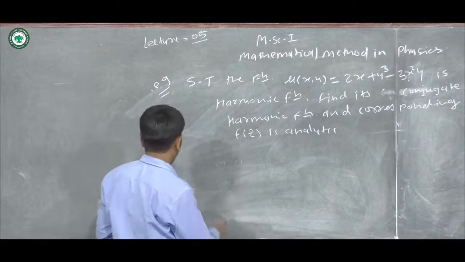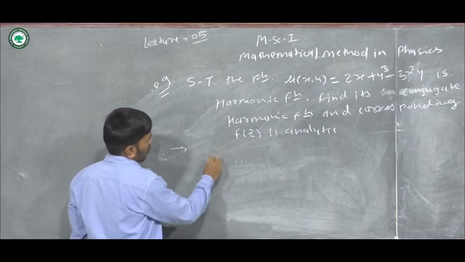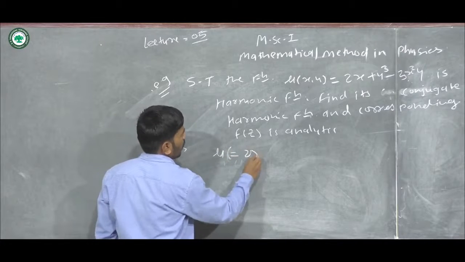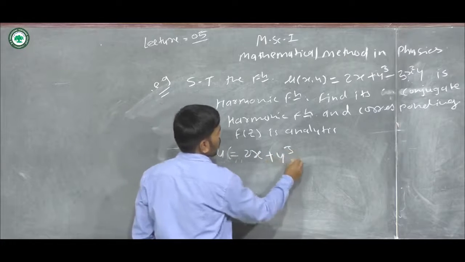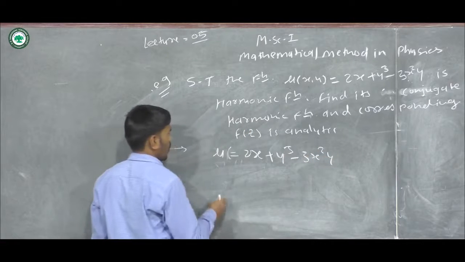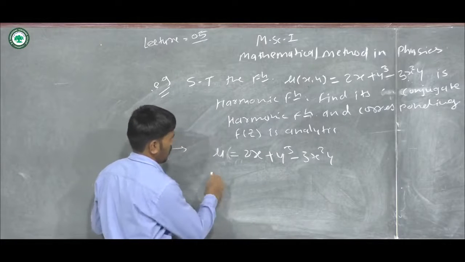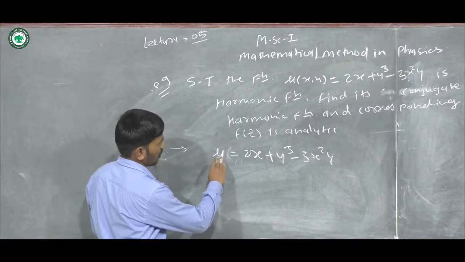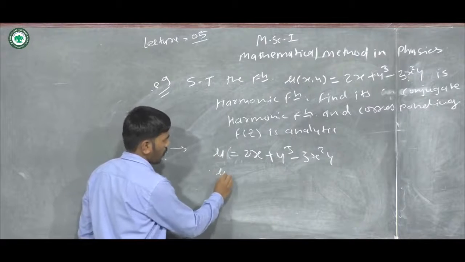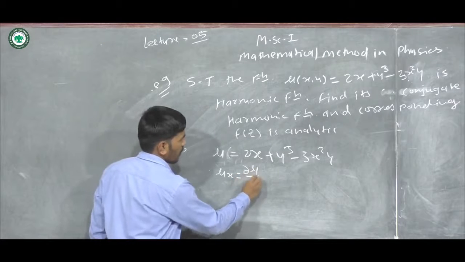Okay, so let's write. Given that u is equal to 2x plus y cube minus 3x square y. By the CR equations, first I write u x, that is dou u by dou x.